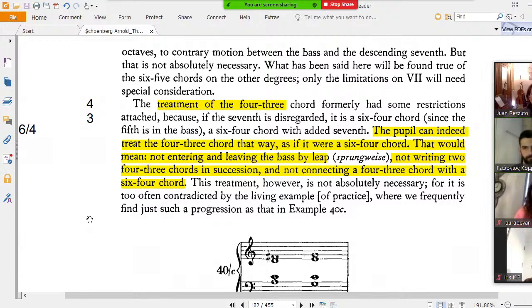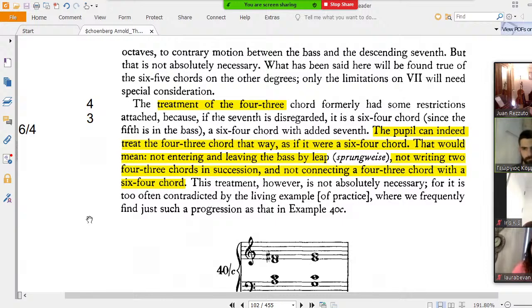Now we're going to use inversions, but the chord itself is the same, it carries on with the same function of neighboring or passing. So the function is the same.